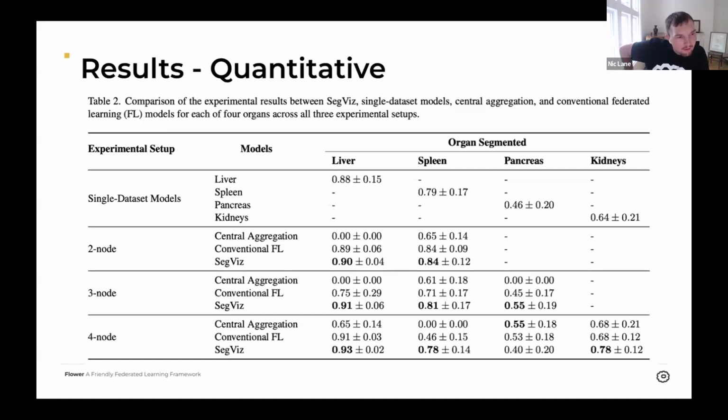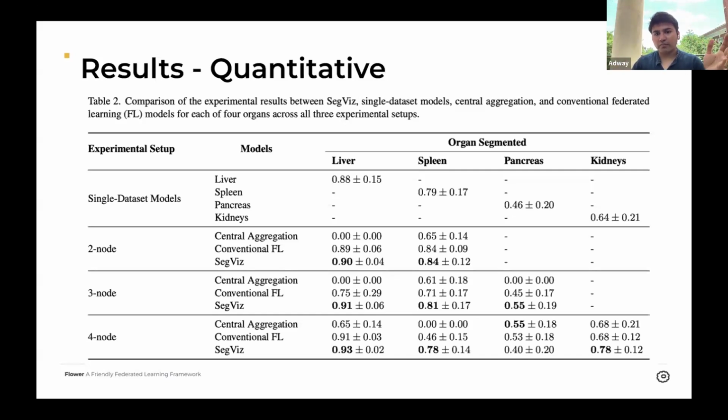Yeah, because it's reasonably pronounced in some cases here, depending on the organ, the number of nodes, and the technique being used. Just adding on to that, we've noticed this when you have a multi-client setup. For example, the 3-node and the 4-node setup. If you look at the 3-node setup, it is kind of counterproductive because the central aggregation technique completely fails to segment the liver and the pancreas, but somehow ends up segmenting the spleen.